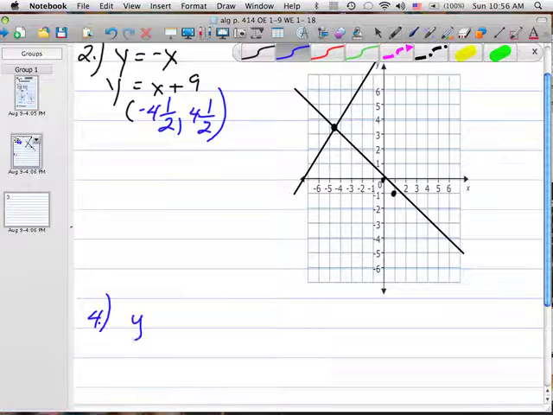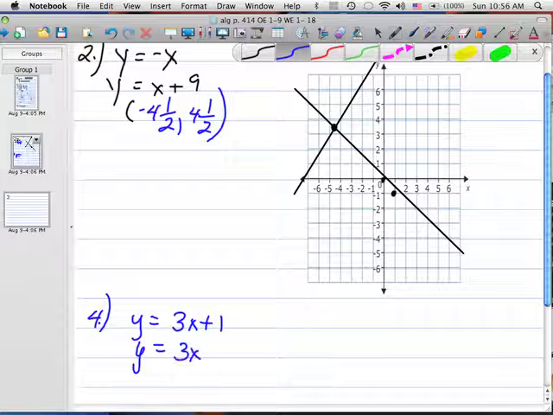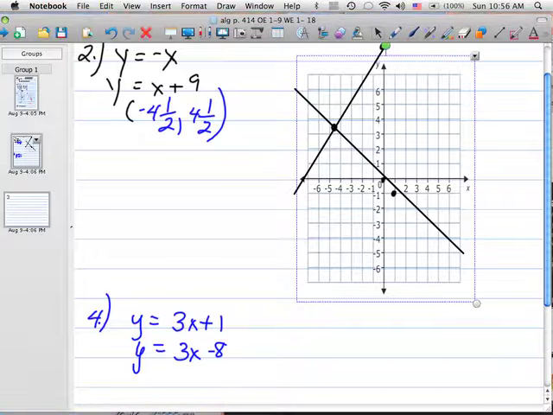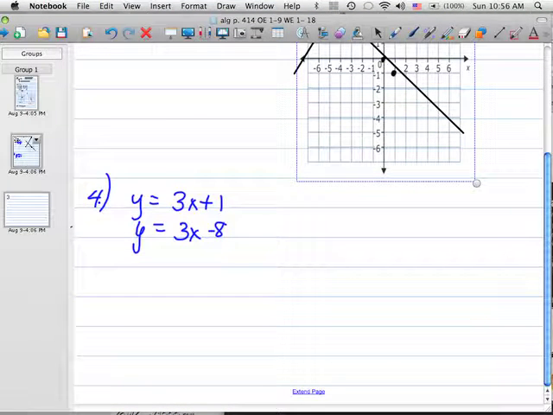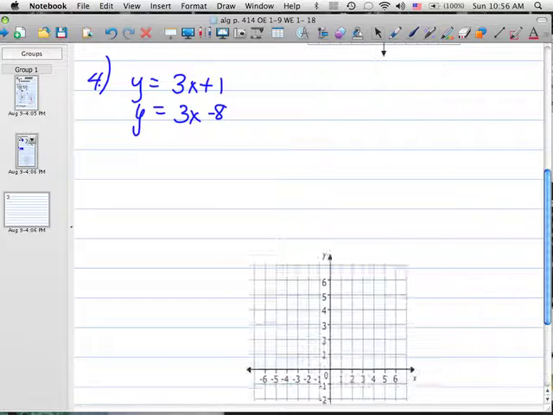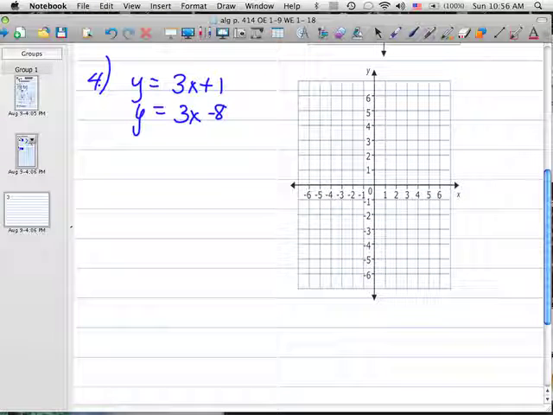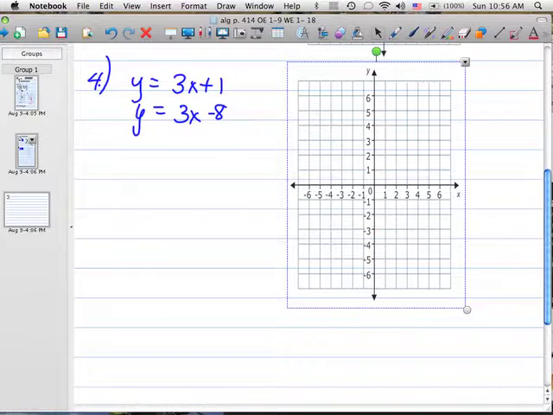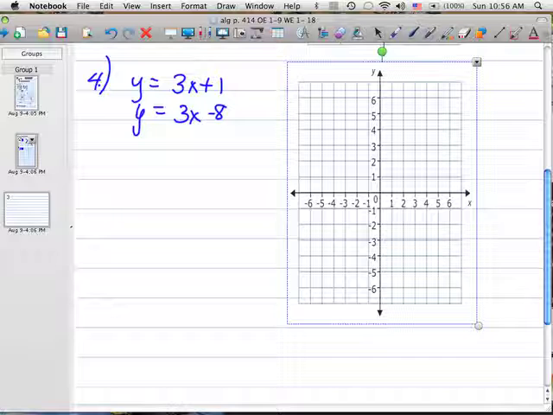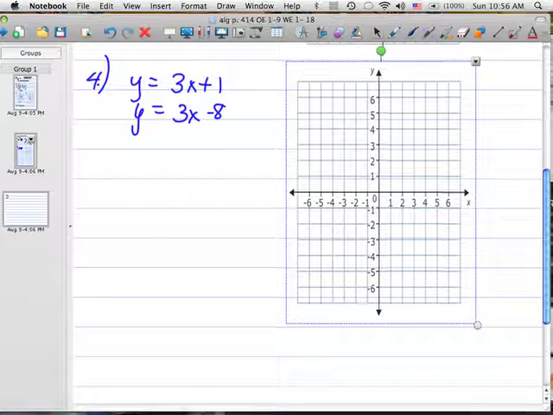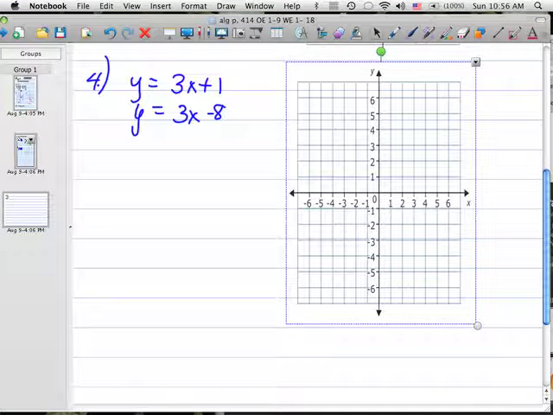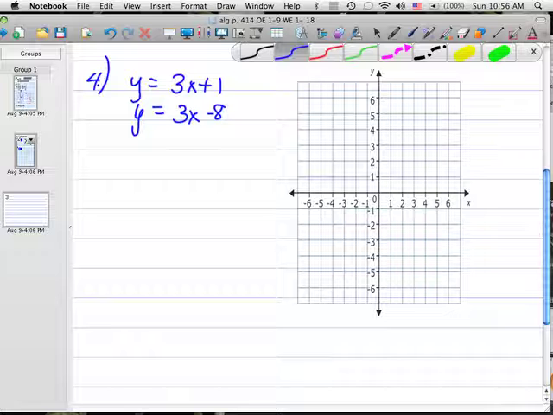We have y equals 3x plus 1 and y equals 3x minus 8. So they're both in slope-intercept form. I'm graphing them. The intercept is 1, so we put a point at 0, 1.